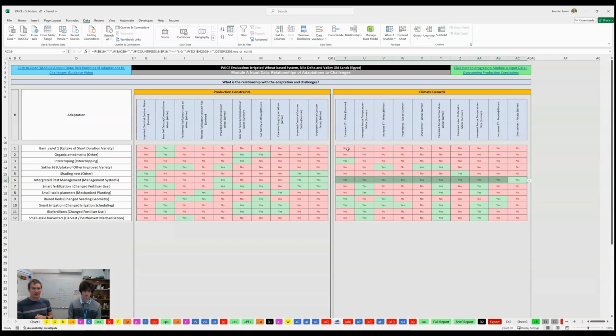In the case where you've got no across every single example, you will get a little reminder on the right that says no issues are addressed. Are you sure? So it may be the case that it doesn't address the top 10 production constraints or climate hazards. It just means that the tool is no longer interested in that because it's not solving the key constraints that we're trying to solve for.